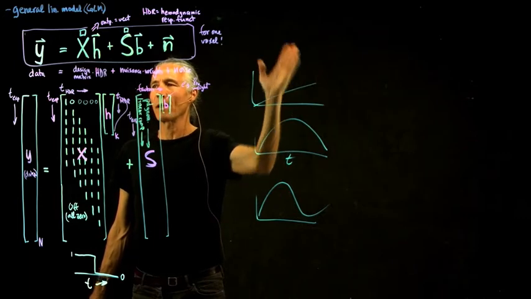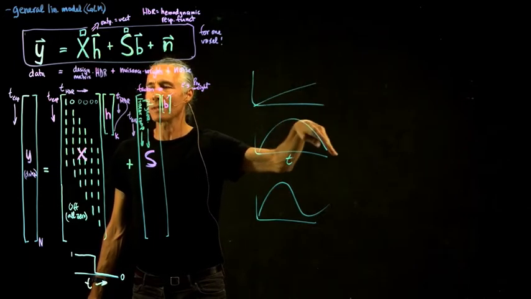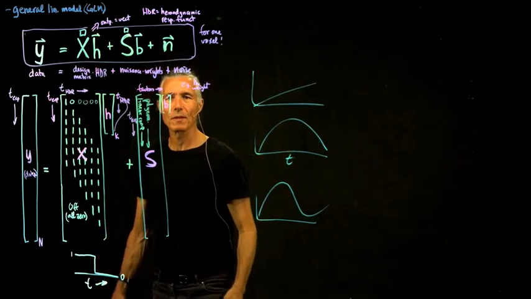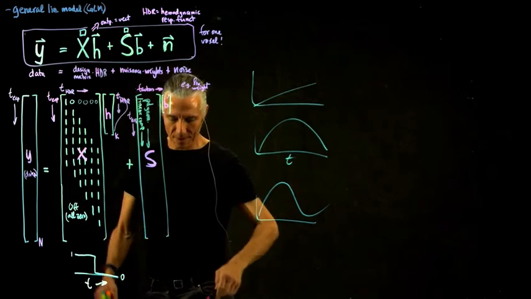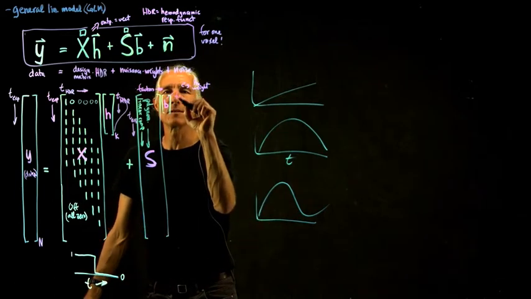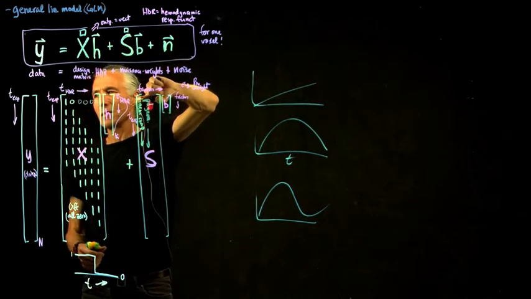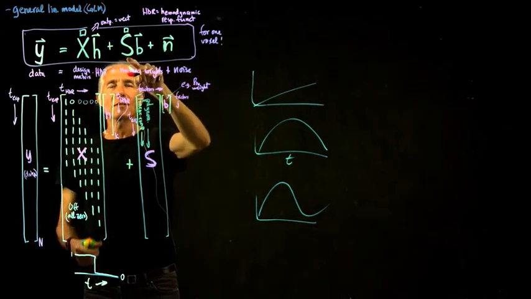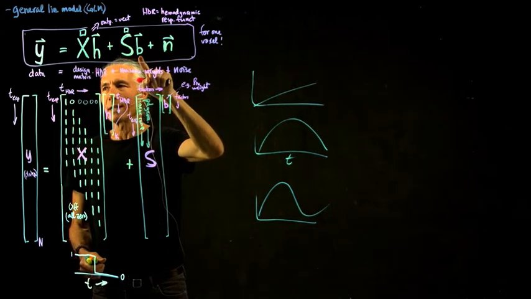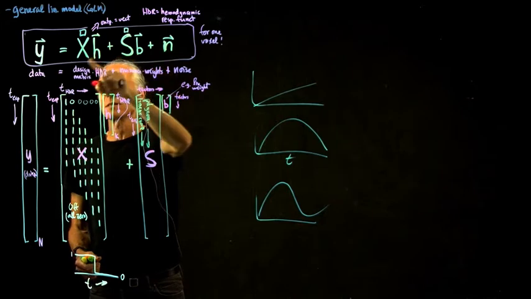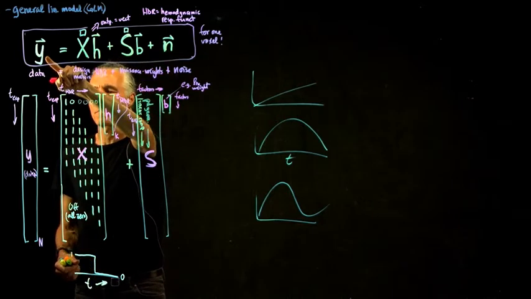Was it a big ramp or a small ramp, or was it a negative ramp, went the other way? It could be negative too. Okay, so this direction is the number of factors going that way, because we want to multiply these guys times these guys when we turn this S matrix times the B weights into a vector, which is going to be part of the explanation of the data.